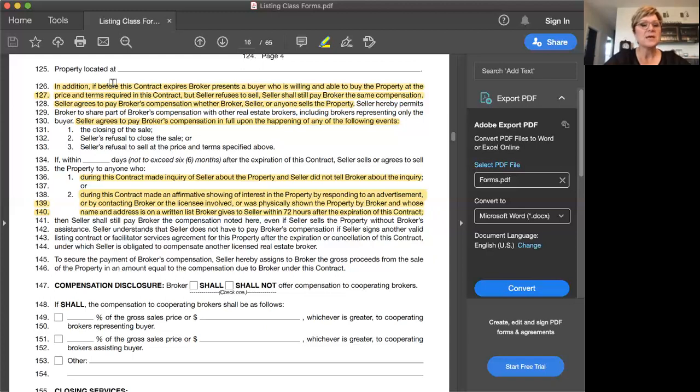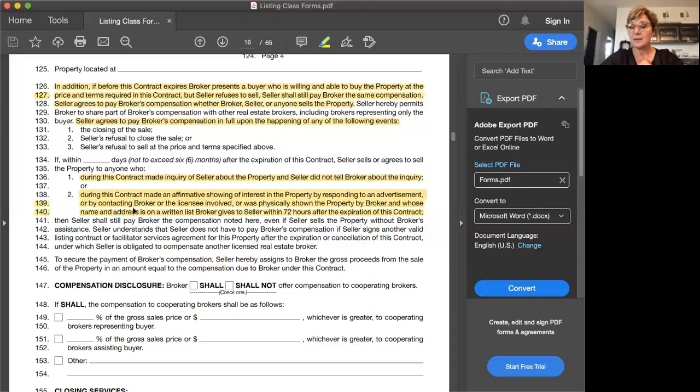Okay, cool. So the next section, 134, talks about that override clause that maybe you guys learned in your classes, right? And that is if the contract expires and I didn't find a buyer, I am going to provide the seller on line 140 a list of any prospective buyers that I brought through the property within 72 hours of expiration of this contract.